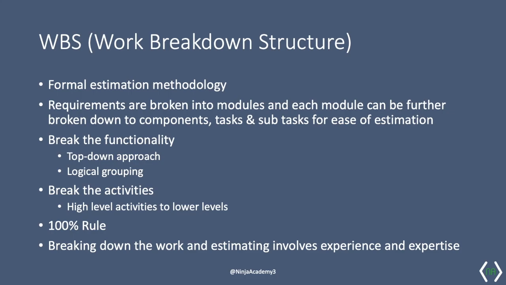What WBS does is it increases the probability that every requirement will be accounted for without duplication. It follows a divide and rule policy for managing the scope, and it ensures that the work that makes up the project has been defined. Again, this way of estimation requires breaking down the work, and estimating involves experience and expertise.